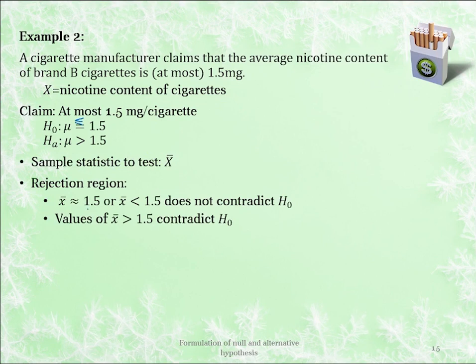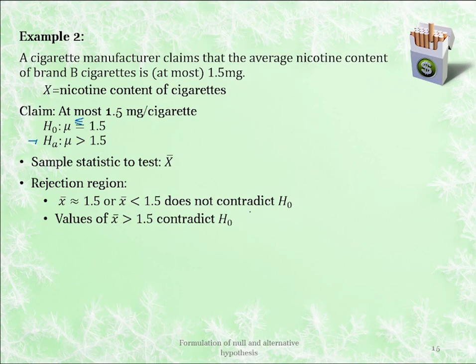Then we need to decide on a rejection region. So again, if X bar is roughly 1.5 or X bar is less than that, it doesn't do anything to prove our alternative. In other words, it does not contradict the null. Although if we get an X bar value which is larger than 1.5, it supports this alternative, and in other words, it does contradict the null.